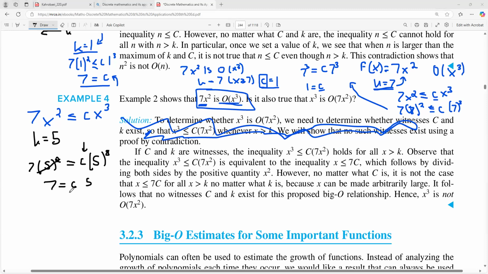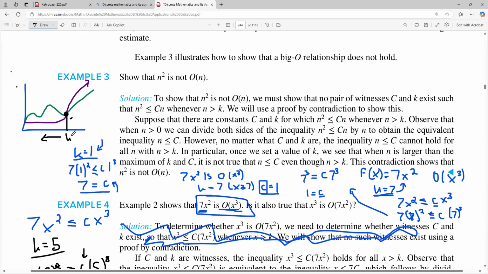We divide both sides by 5. We get 7 over 5 is c. Right? So even though it's a fraction here, it still counts. So if we start at k is 5, so in this case k is this value. This is k is 5.